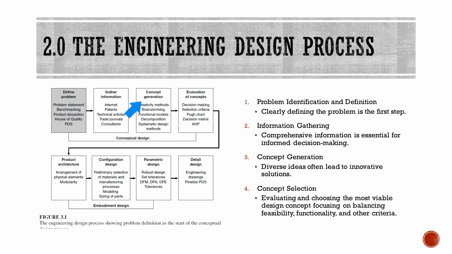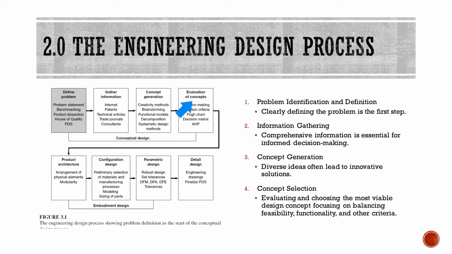When the problem has been defined and we have all the resources and information related to that problem, we will go into concept generation. After concept generation we go into evaluation of concepts to choose which concept is the best to bring into the final design.